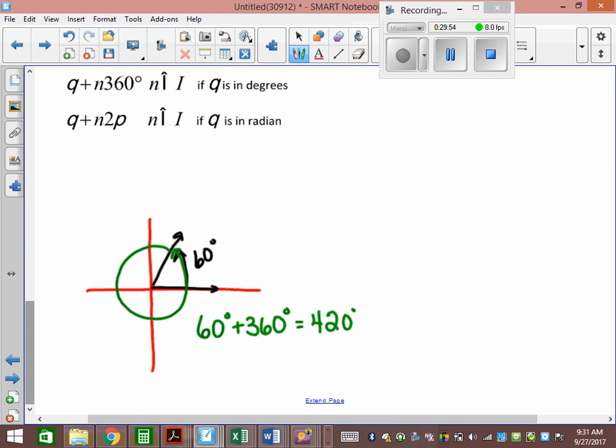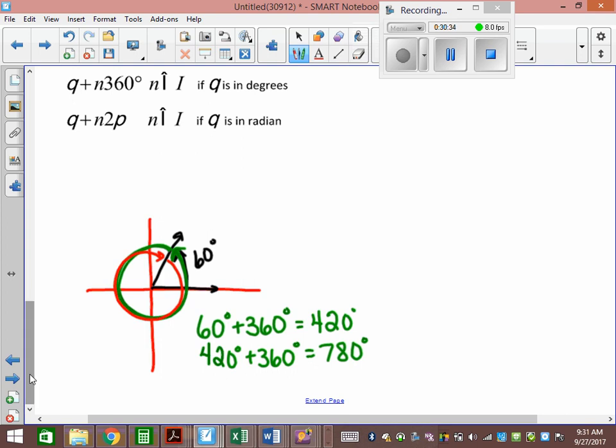So 420 would be a whole 360 around plus 60 more. Would it terminate on the same arm? Yes. So could I do that again? Could I do another 360 onto 420? Yes. If I went 420 degrees and added 360 to it, I would get 780 degrees. Make sense? Could I go the opposite way? Yeah. If I went 60 and subtracted 360 from it, I would get negative 300.